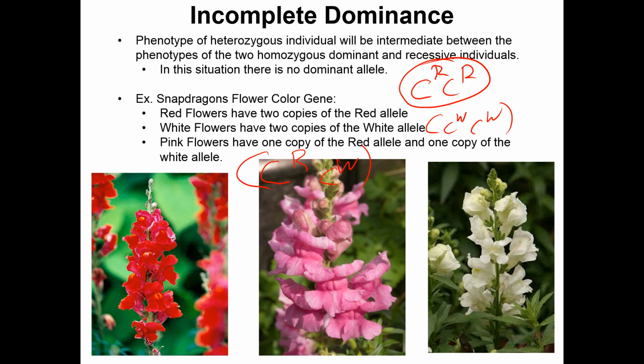In this case, they have a reduced expression of the red allele. The reduced expression of this red allele leads to the development of pink flowers, because the red flowers have two copies, so they have double the expression of the red allele. The white flowers have no pigmentation. The pink flowers have reduced red colored pigmentation, so they're pink.